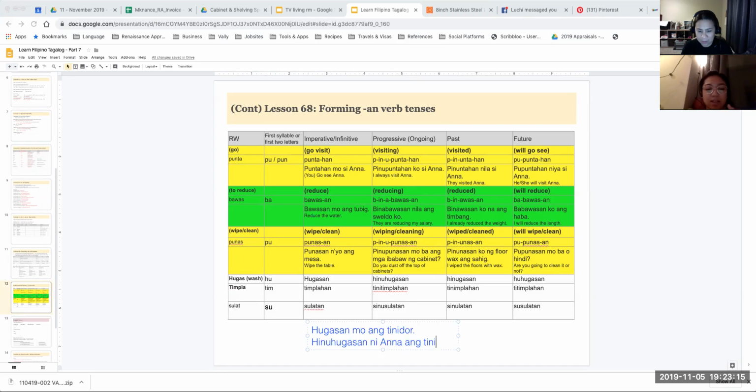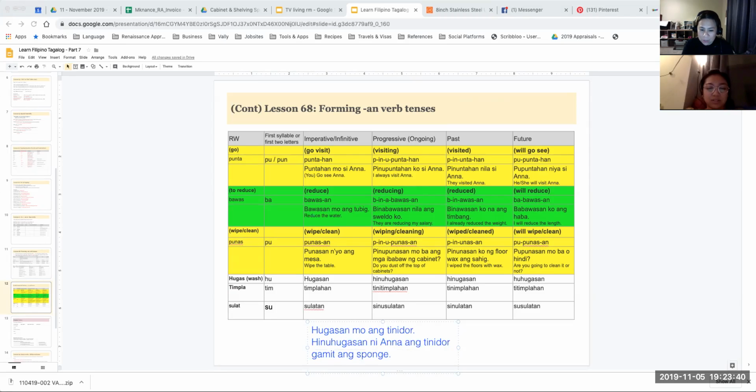And say if I say she washed that with a sponge, can I say ng sponge? Hinuhugasan ni Ana ang tinidor ng sponge. You can also say ng sponge, that is a shorter way, or gamit ang sponge.